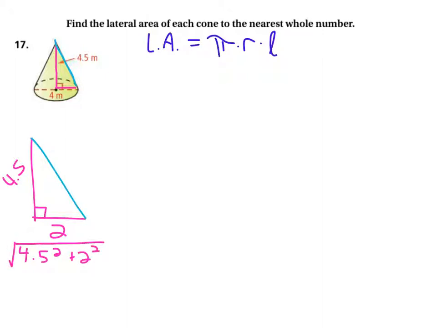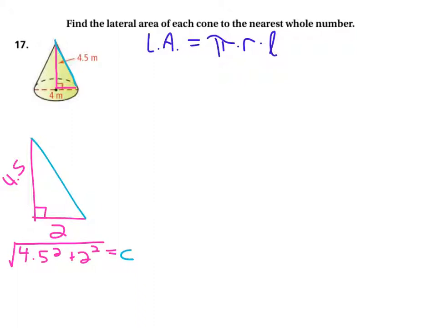Actually, let's just do the square root of that, which will be equal to c, that blue side. I'm going to type all this in the calculator: the square root of 4.5 squared plus 2 squared.